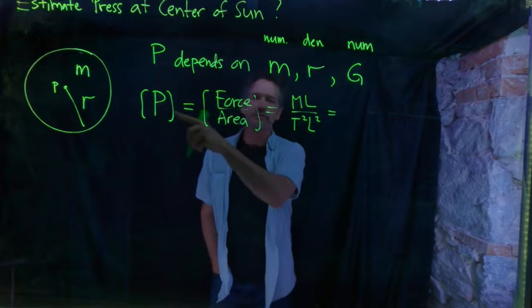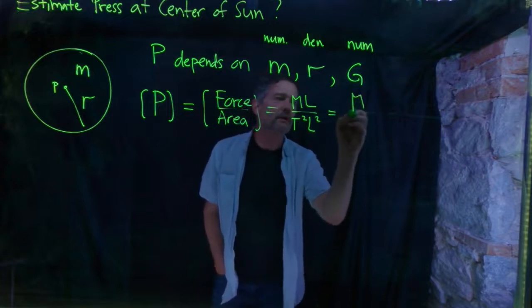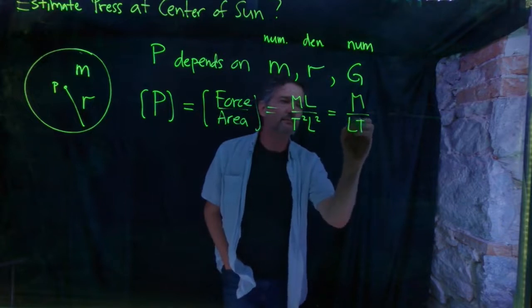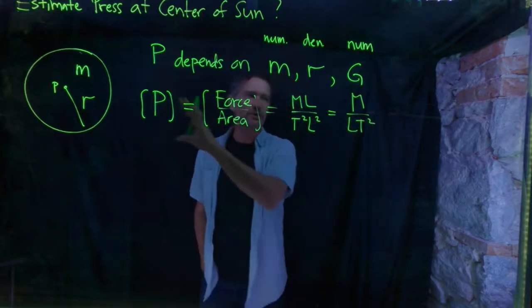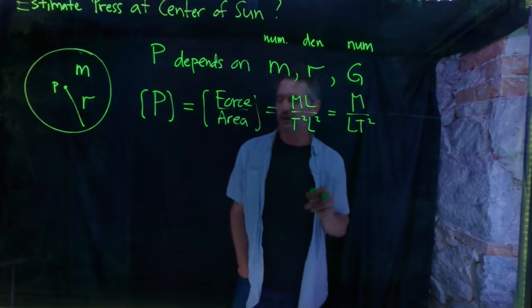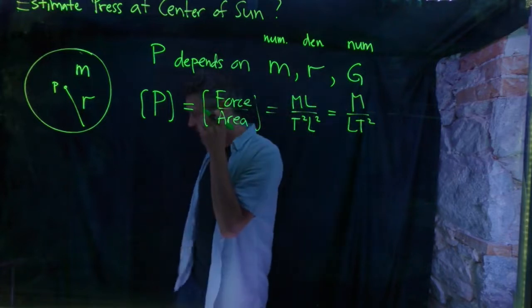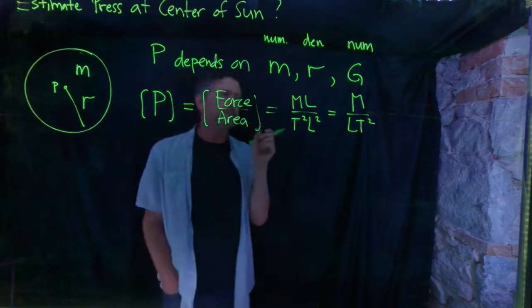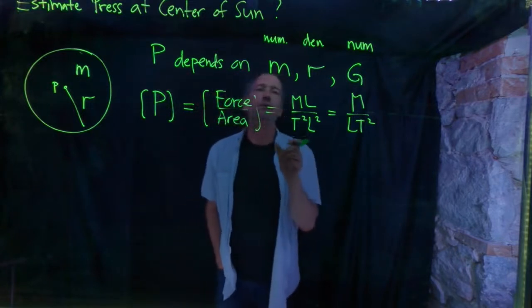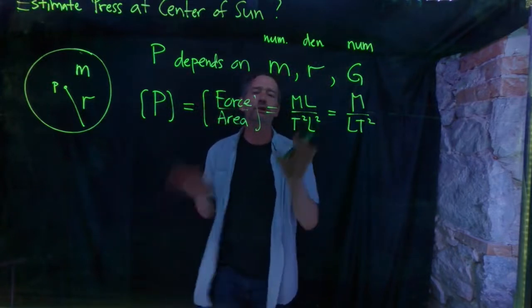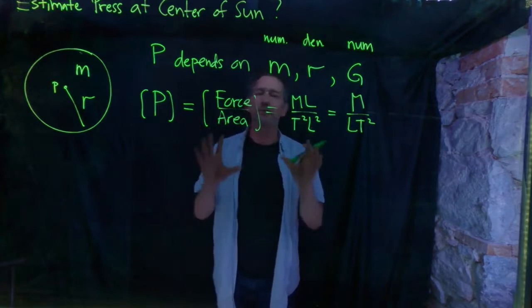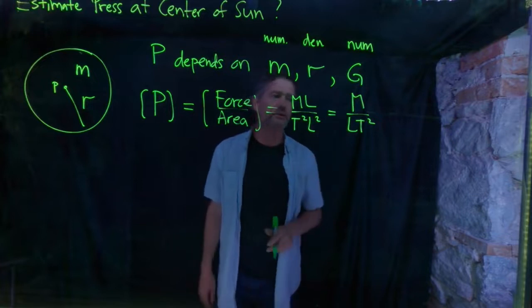So the dimensions of pressure are mass, and then the length up here, the length squared down there, you have a length times time squared. So the dimensions of pressure are mass over length times time squared. Or in units, newtons per square meter. So then we say somehow we need to combine m, r, and g in some algebraic formula that will have the dimensions of pressure, mass over length times time squared.